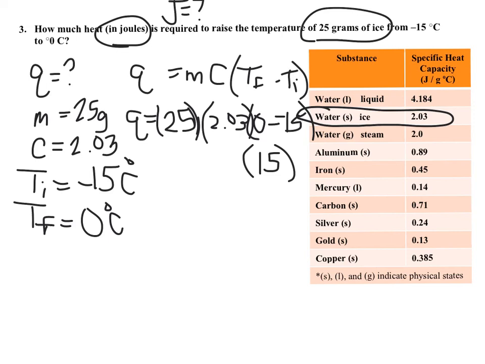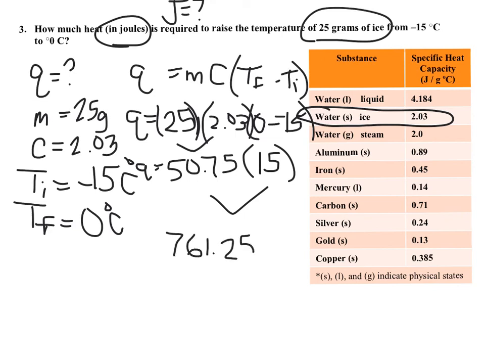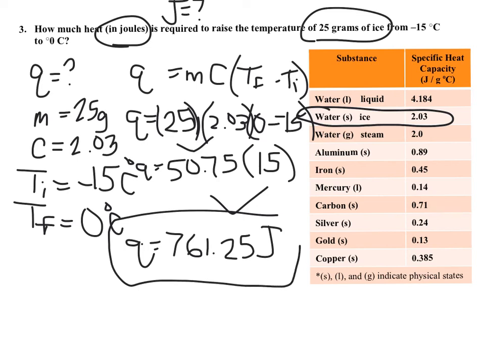So keep that in mind. And when I do 25 times 2.03, I end up getting about 50.75. Sorry, I'm getting a little close in all my writing, but we'll get through it. So now that I have that, 50.75 times 15, I end up getting about 761.25 joules. And that ends up being my answer as far as how much heat.